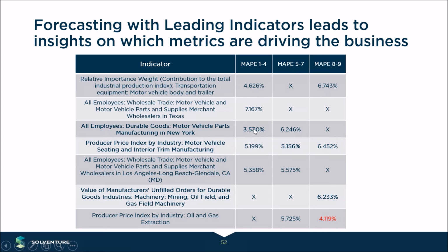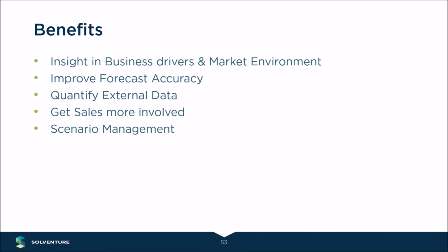You also see the performance of that indicator in the next, more technical time window. So when you do a leading indicator scan, this is the type of information you get out of it, and we typically see that it significantly improves the understanding of the company, what is driving the sales, and how my market operates. So let me take 2-3 minutes to summarize some of the benefits we see, and then there will be 5 minutes for questions if there are any.